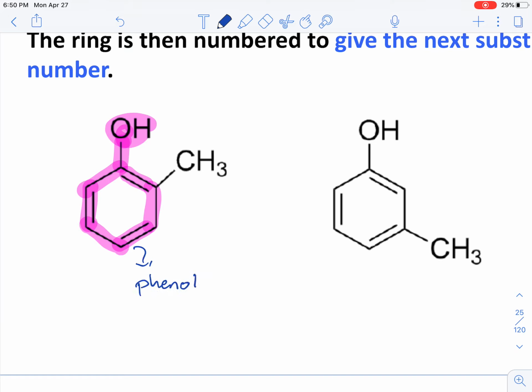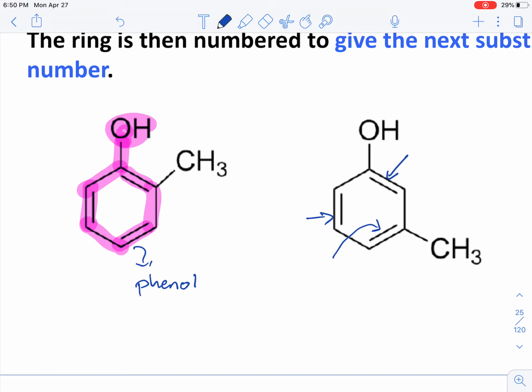Please, please, please be very careful. I've seen it happen in past semesters where students name this as a cyclohexane or cyclohexene or a cyclotriene or something like that.